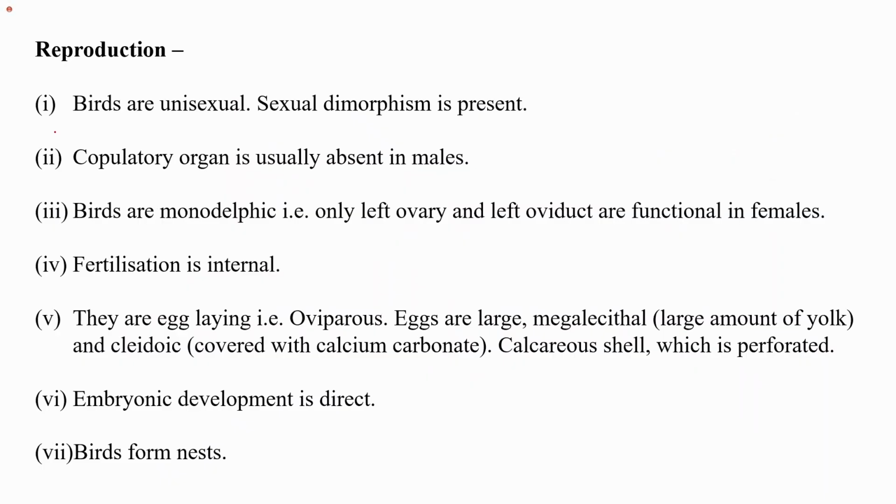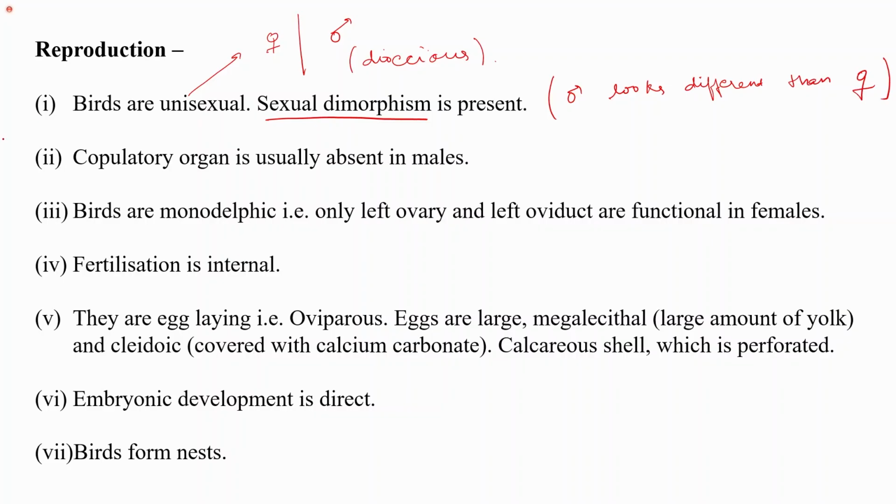Reproduction. So birds are unisexual, that is, female and male are different. That is, they are dioecious. Fine. Sexual dimorphism is present. That is, male looks different than female. Copulatory organ is usually absent in males.